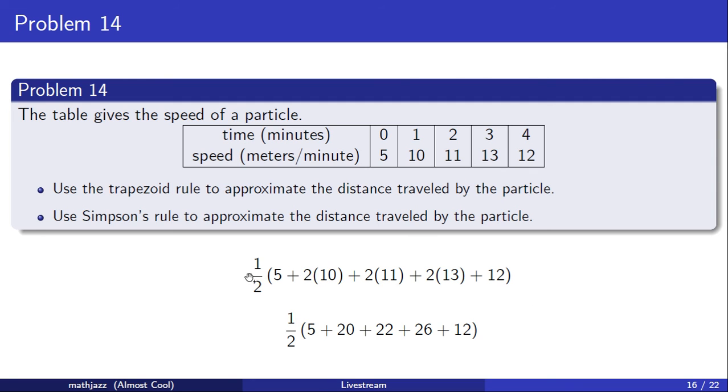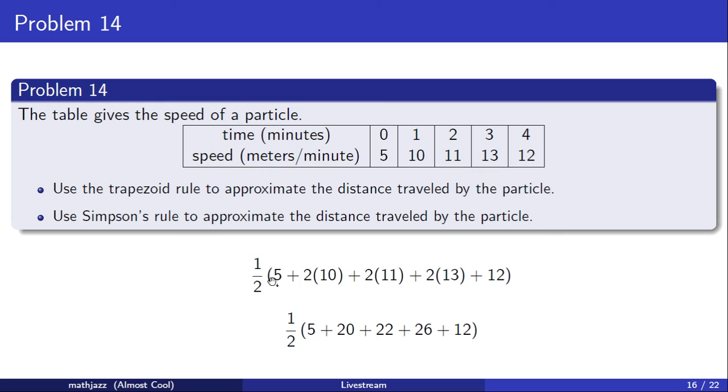This is the trapezoid rule approximation. We have 1/2 because 1 is the width of our rectangle, and our trapezoid rule is 1/2 times the width of the rectangle times our sum of heights. We have 1 times the first value plus 2 times all of the values up until the last one, and 1 times the last value.